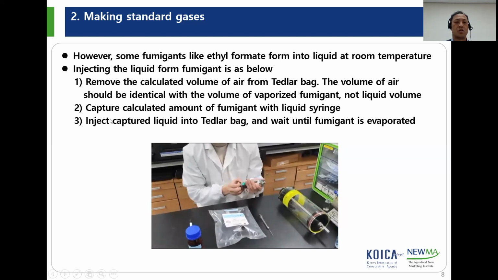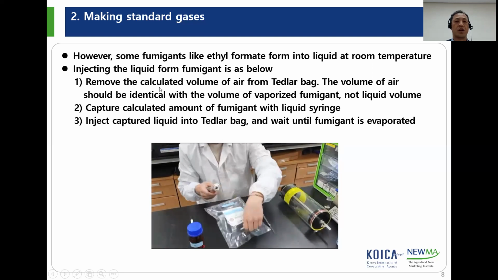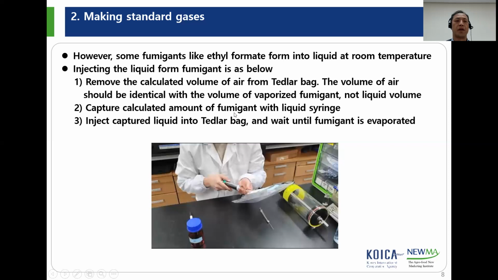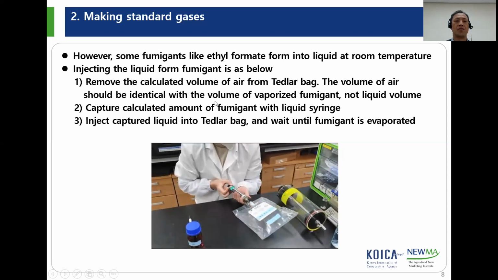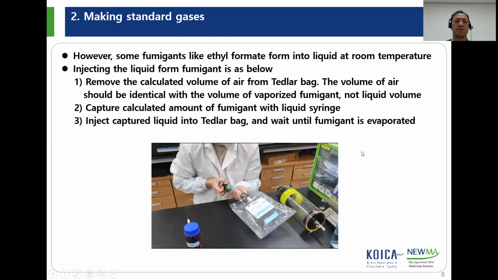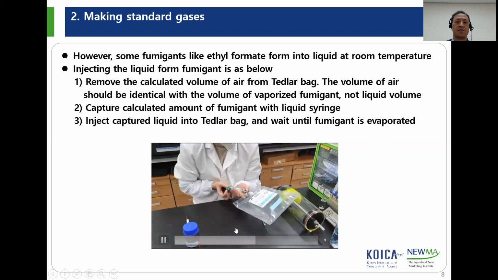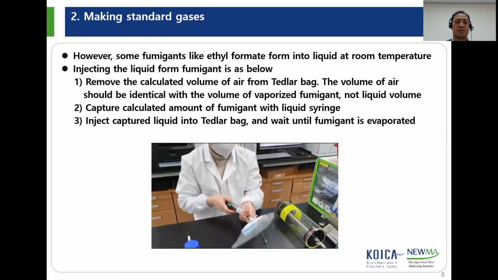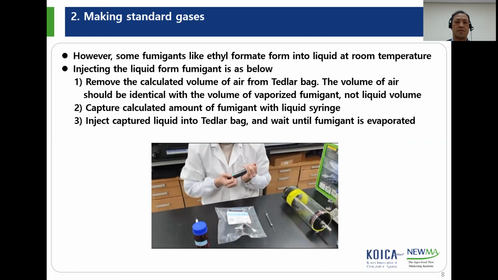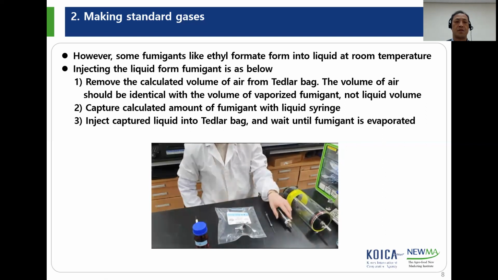And then you remove the calculated volume of air from the tedlar bag. The volume of air should be identical with the volume of vaporized fumigant, not liquid form. Okay.